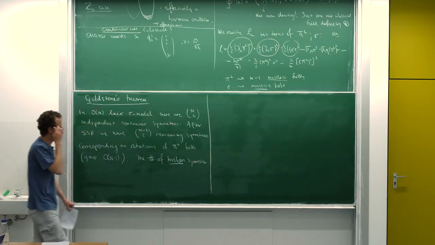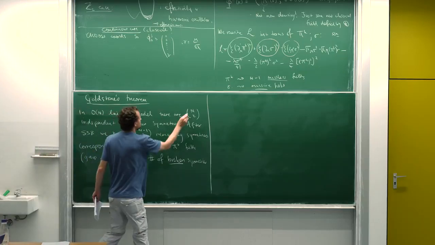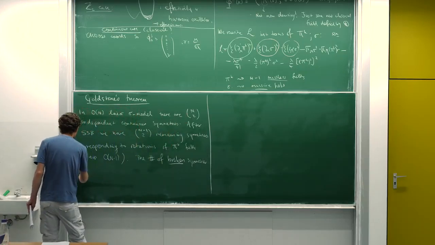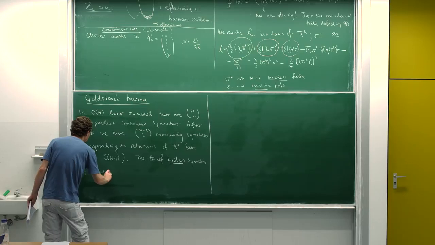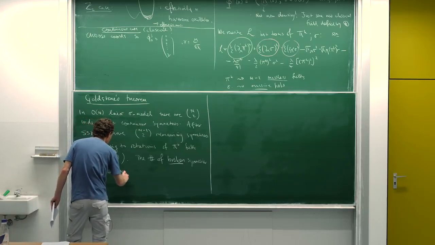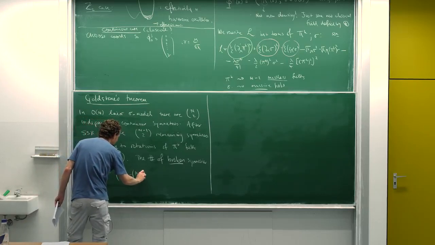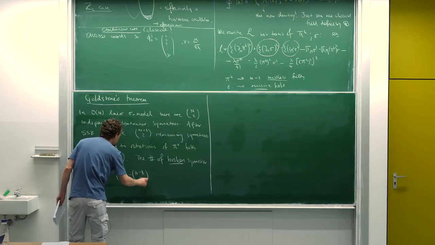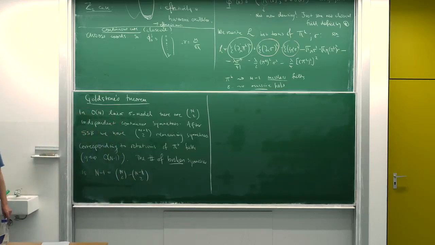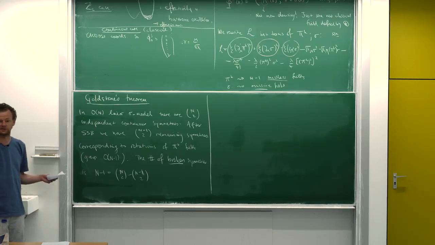So the number of broken symmetries is just the difference: the number of manifest symmetries you had before, minus the one afterwards, and you get that N minus 1 is the number of symmetries that must have been broken by this ground state.